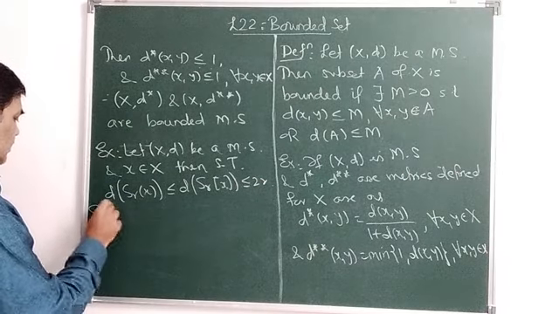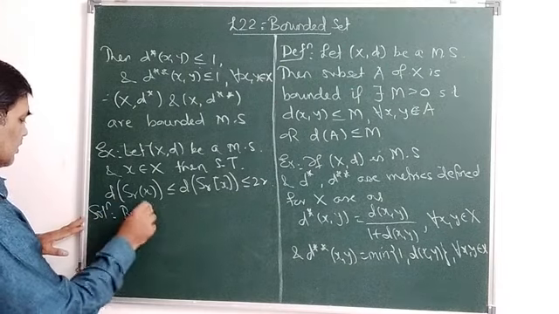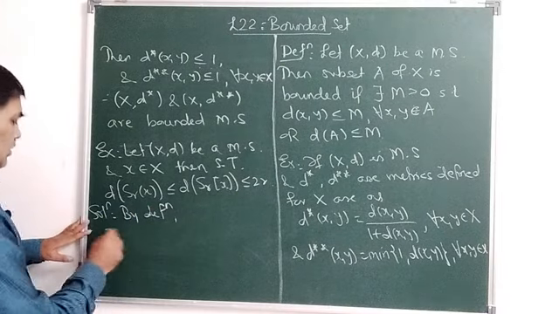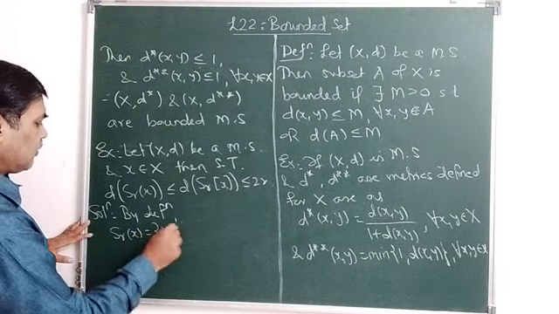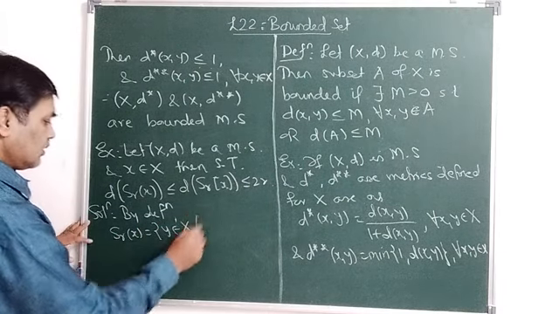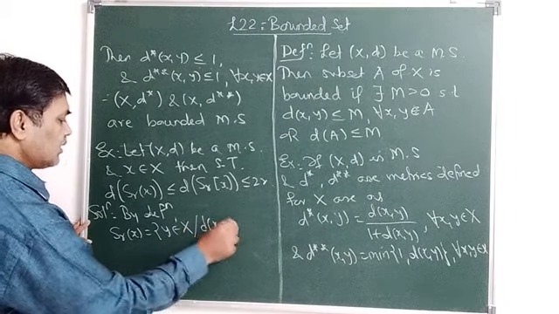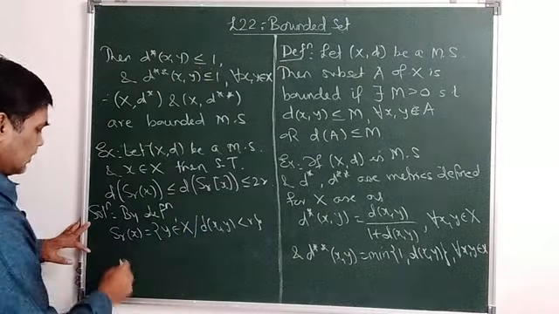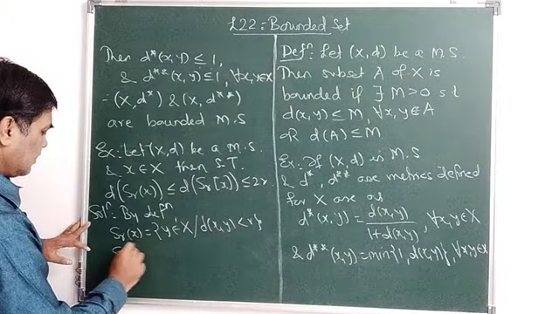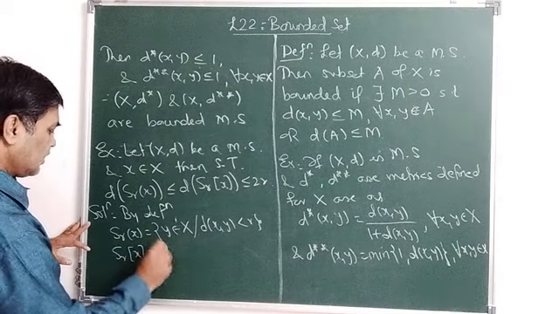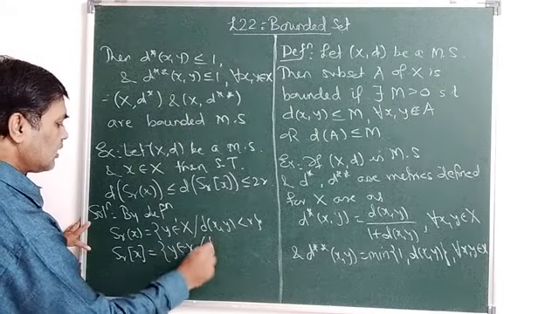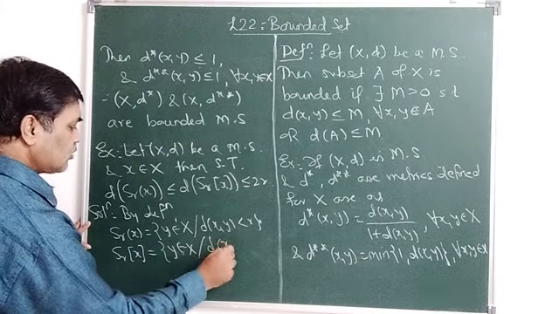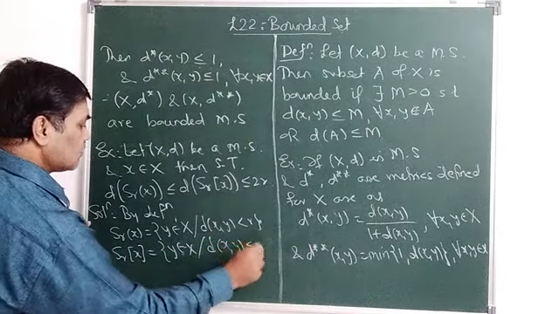Solution. By definition, S_r(x) is equal to the set of y belonging to X such that d(x, y) is less than r, and the closed sphere S_r[x] is equal to the set of y belonging to X such that d(x, y) is less than or equal to r.